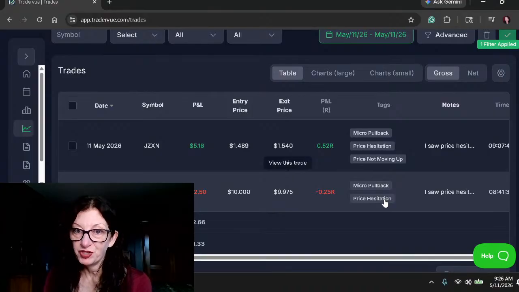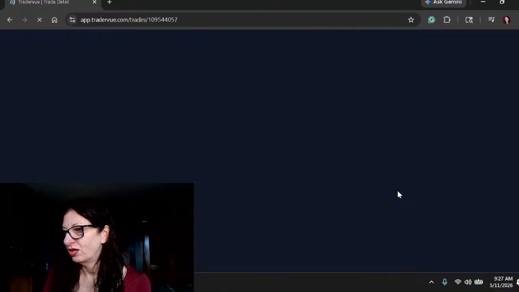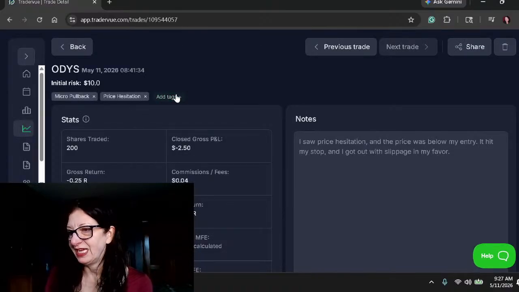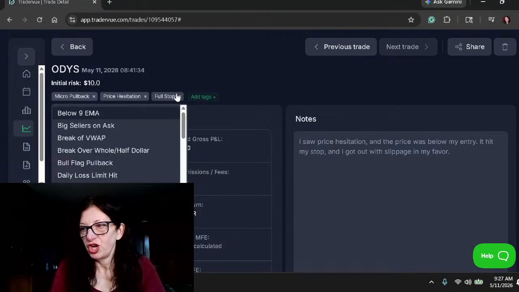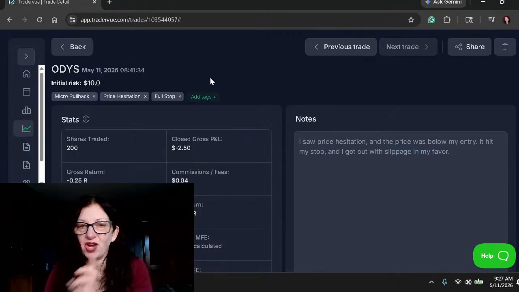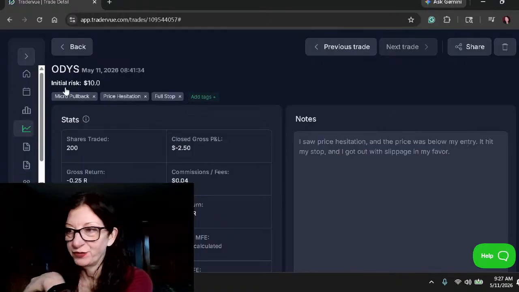And I thought, I'm going to try to get it at break even, but then it hit my full stop. So maybe I need to put something in there to show that it's not that I skipped a second indicator. It's that it hit full stop.